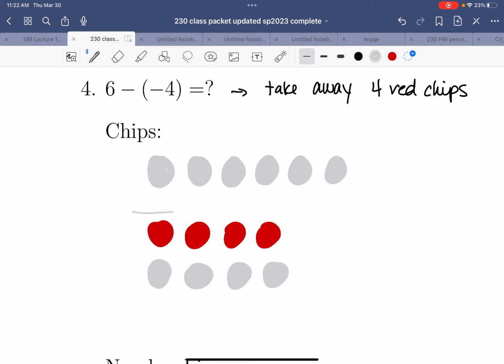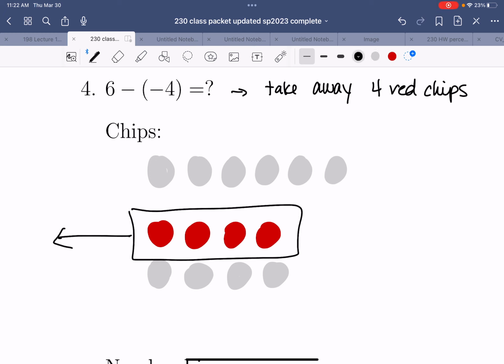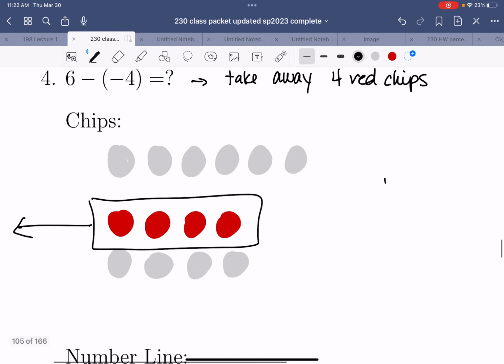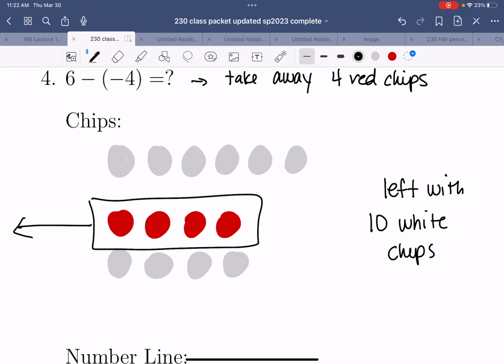So I'm going to go ahead and take away those 4 red chips. What I'm left with is 10 white chips. So that implies my answer is +10.